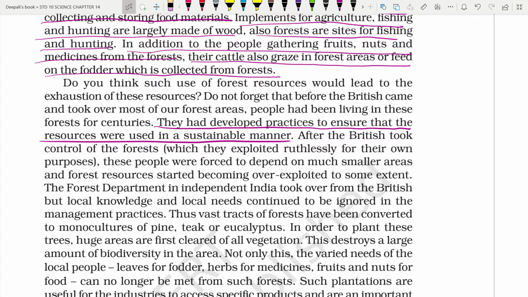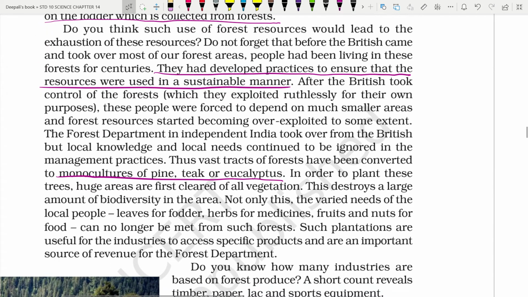And because of that, there was large damage to the forest. Thus, vast tracts of forest have been converted to monocultures of pine, teak, and eucalyptus. These are all woods for timber or firewood or fodder. In order to plant these trees, huge areas are first cleared of all vegetation. This destroys a large amount of biodiversity in the area.